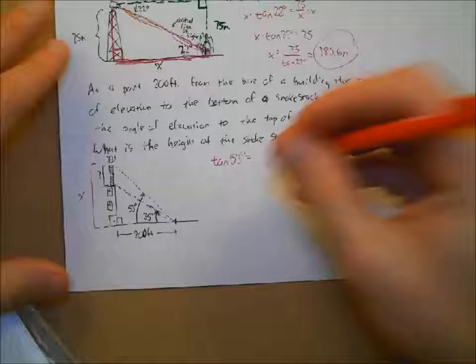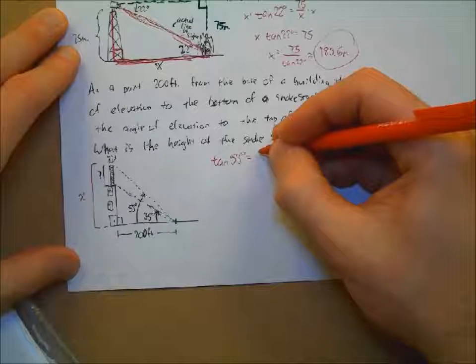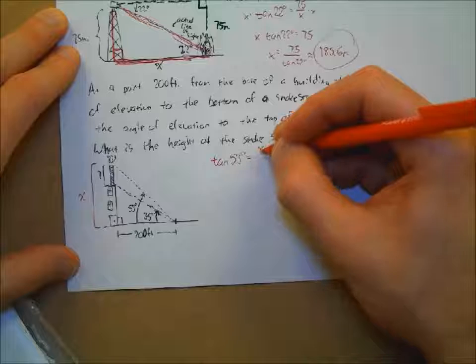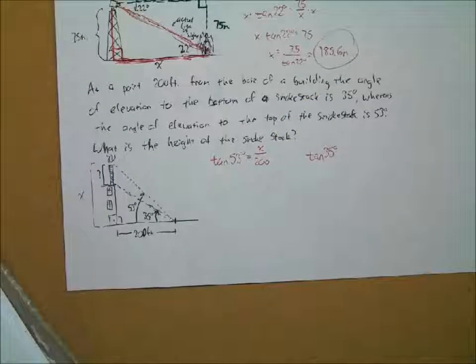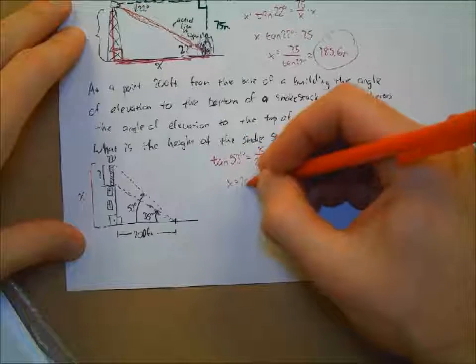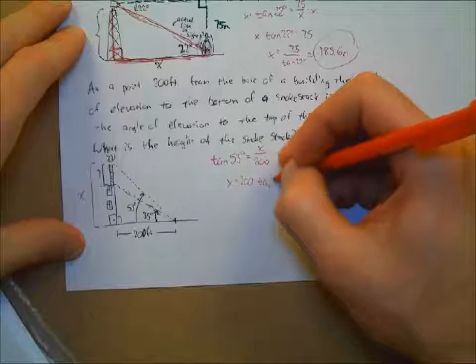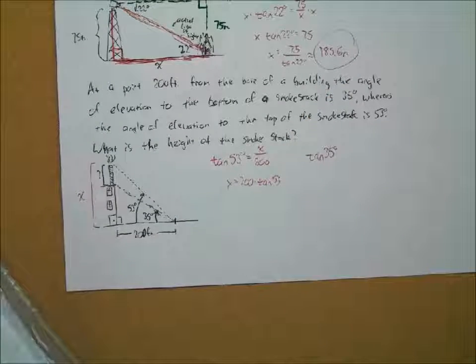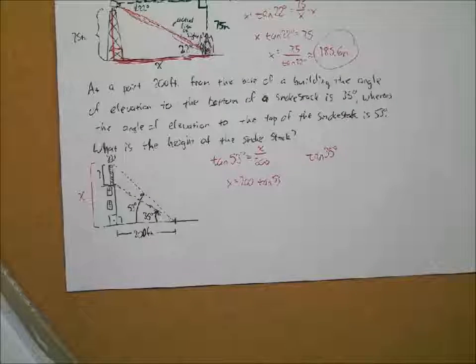X over 200. Very good. So let's go ahead and solve that right now. Multiply both sides by 200, so we get x equals 200 times the tangent of 53. I get about 265.4.